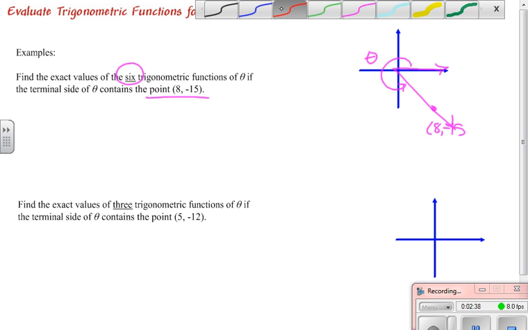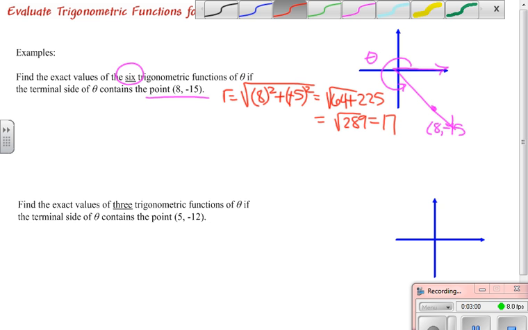So the first thing I need to do is find r. Well, r is equal to the square root of x squared plus y squared, which is the square root of 64 plus 225, which equals the square root of 289, which is 17.